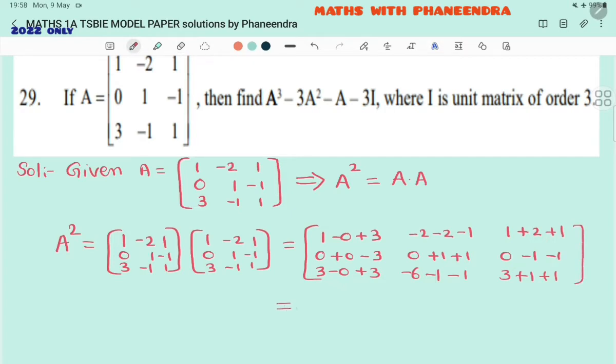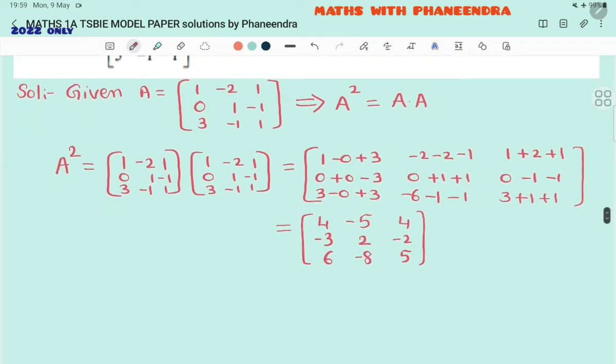So which is equal to 1 plus 3 is 4, -2 -2 -1 is -5, 4, -3, 2, -2, then 6, -8, 5. This is about A square.